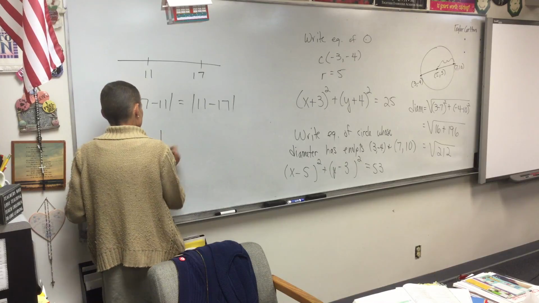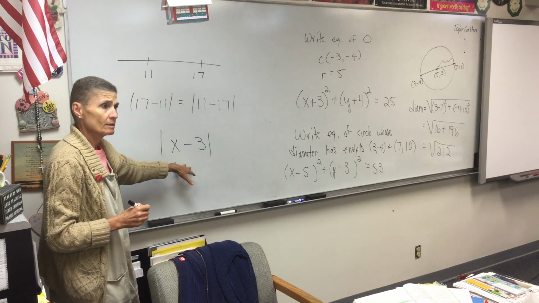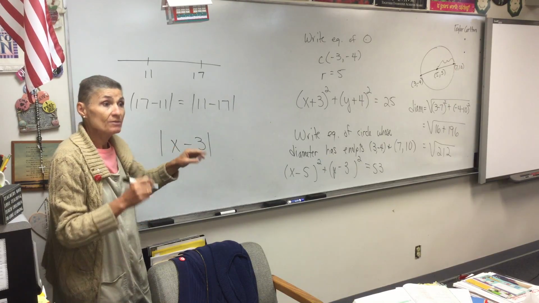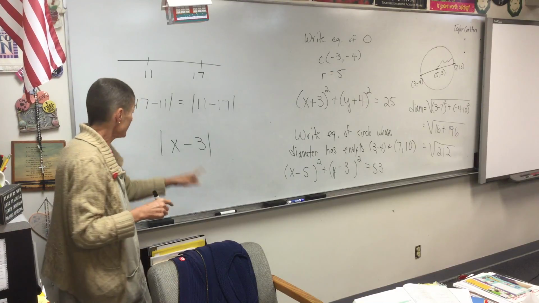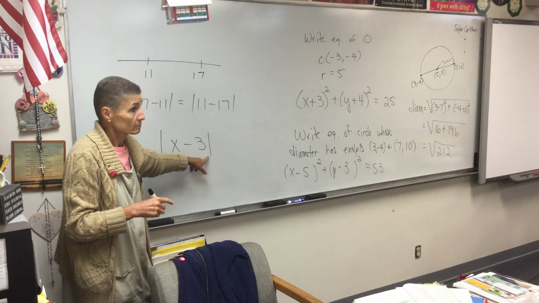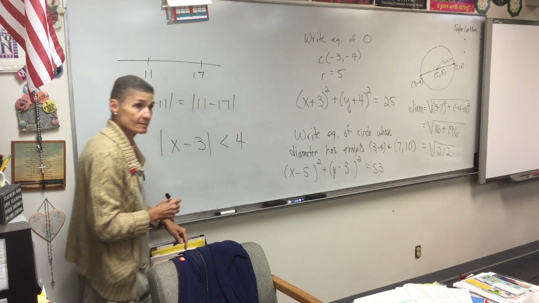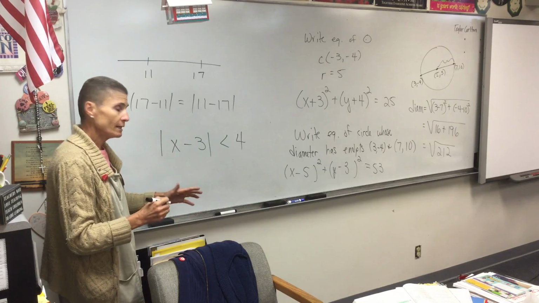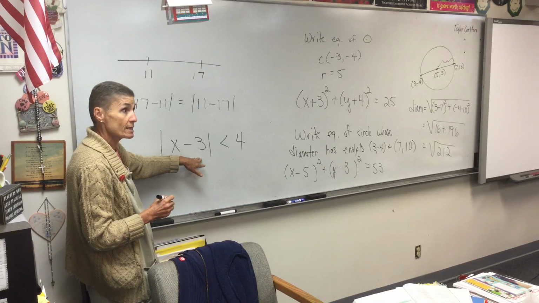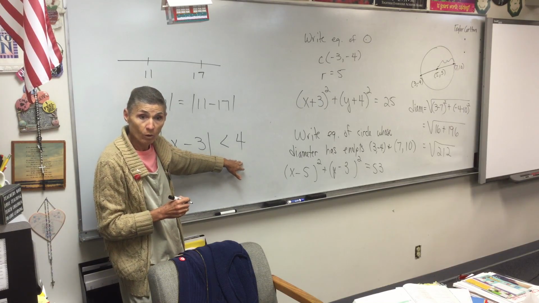So when I look in my book and I see a problem like this, I'm thinking, okay, that means the distance between some number and 3. And then when they stick on something like this, I think, wait a minute, the distance between some number and 3 has to be less than 4.